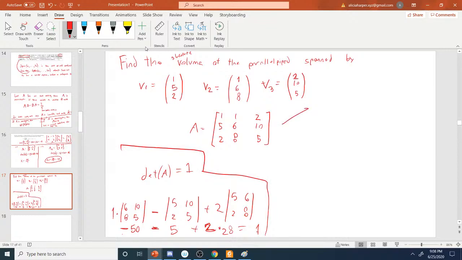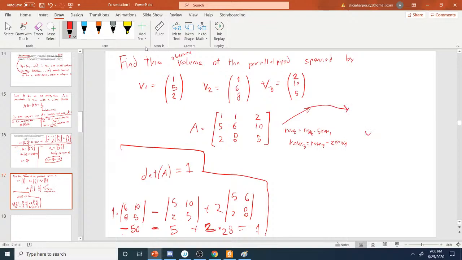Let's try to compute it another way that essentially involves row reduction. I'm going to set row 2 to be equal to row 2 minus 5 times row 1, and set row 3 to be equal to row 3 minus 2 times row 1.